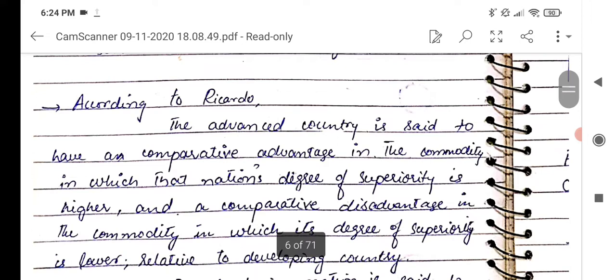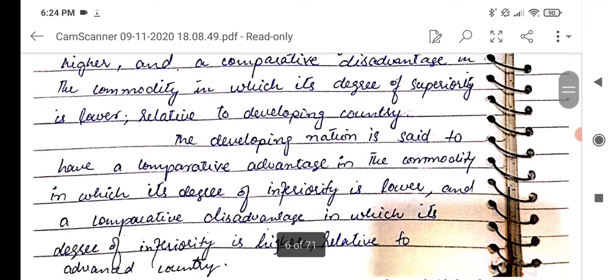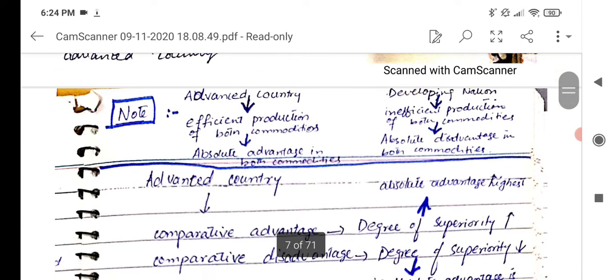According to Ricardo, the advanced country is said to have a comparative advantage in the commodity in which its degree of superiority is higher, and a comparative disadvantage in the commodity in which its degree of superiority is lower, relative to the developing country. The developing nation is said to have comparative advantage in the commodity in which its degree of inferiority is lower, and comparative disadvantage in the commodity in which its degree of inferiority is higher, relative to the advanced country.